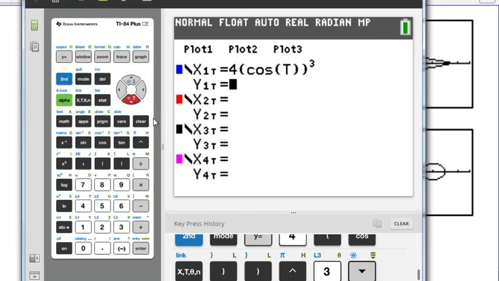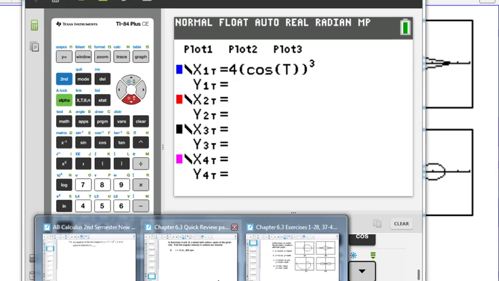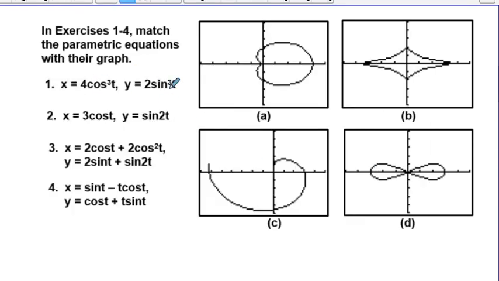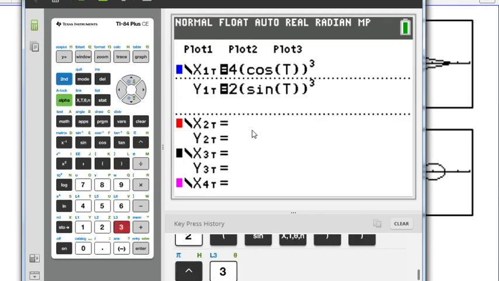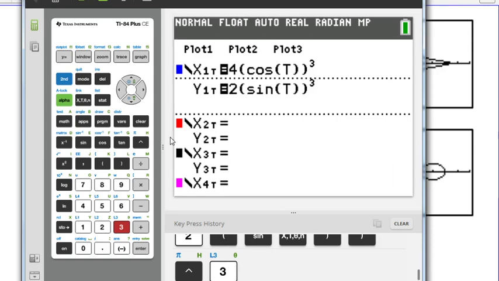So that's the x part of the equation. And the y part of the equation is this 2 sine cubed t. Okay, we do that. 2 sine cubed t. So that's it, really. We graph.